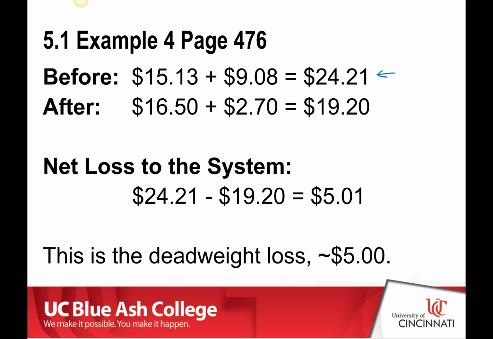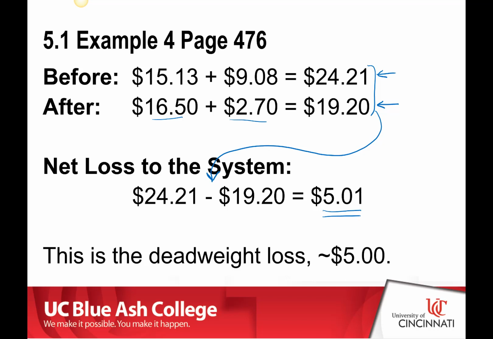By surplus, that means the producer got more, the consumer saved more. After the ceiling price is implemented, the total surplus in the system, the $1,650 from the consumer and the $270 that we just talked about from the producer, give us a total of $19.20 in the system. Take the difference between these two values, and we get $5.01.